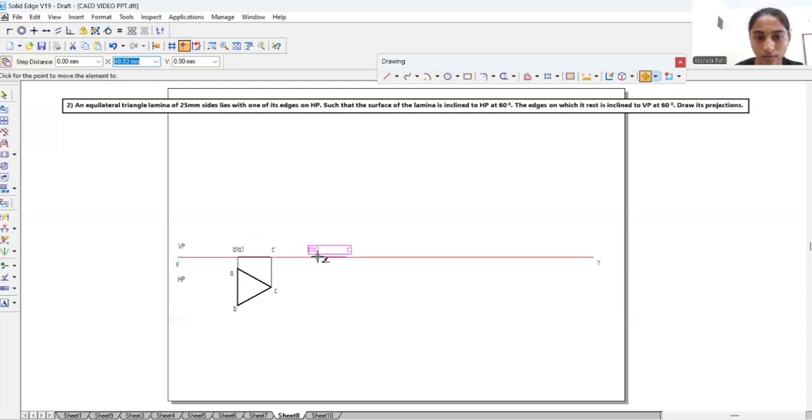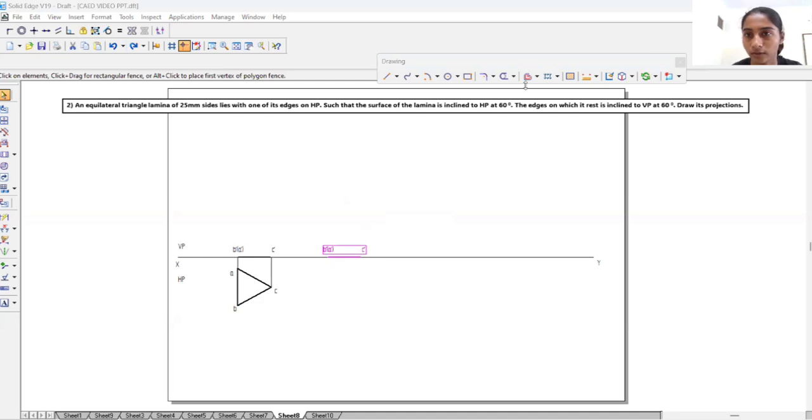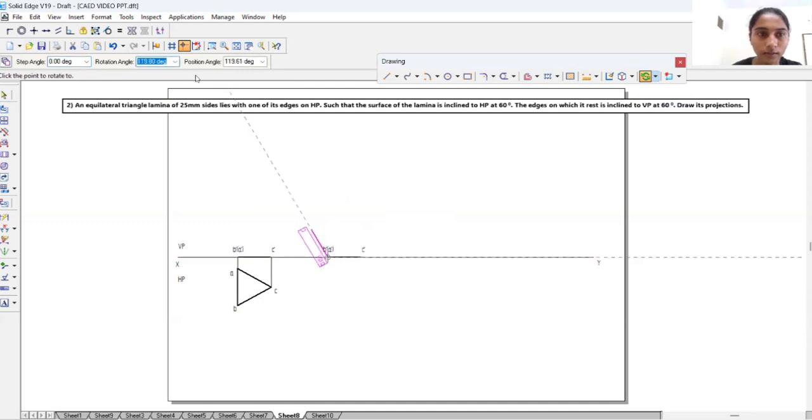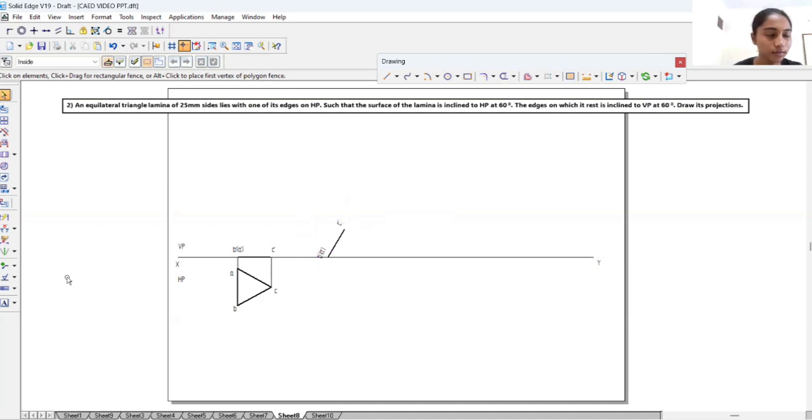We will rotate this line at 60 degrees, so we choose the rotate option and give the rotation angle as 60 degrees.